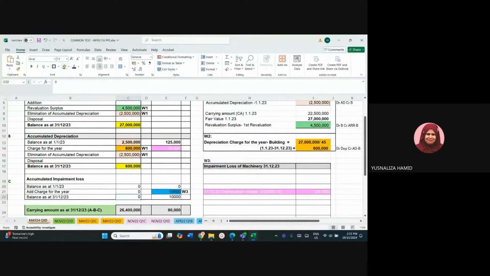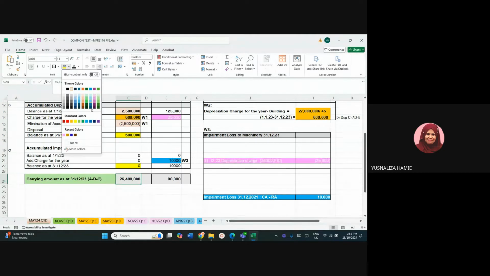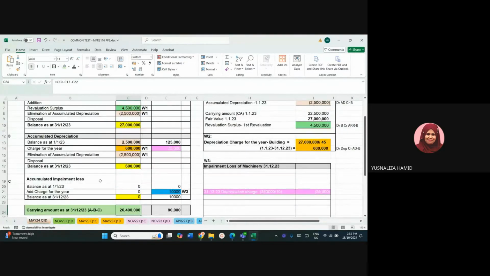If you have any impairment loss, you have to take it out. So here it is 26.4. So this 26.4 is your detail on your carrying amount for the building after first year transaction.